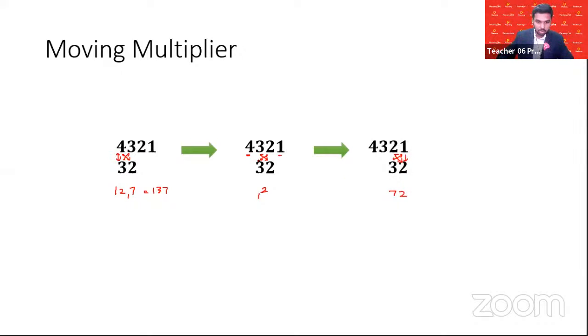What is it? 137, 12, and 72. So 72 we'll keep as it is because this is a 2-digit number. So the answer is 138,272.